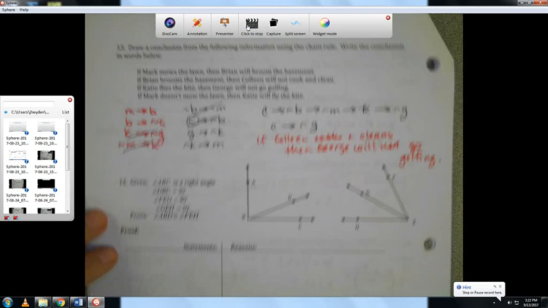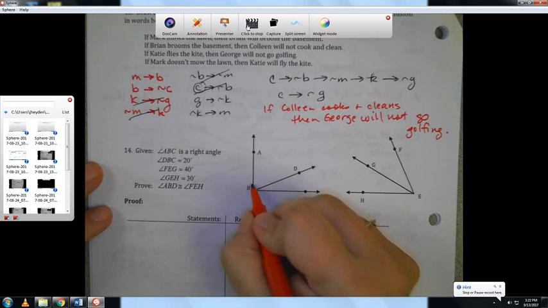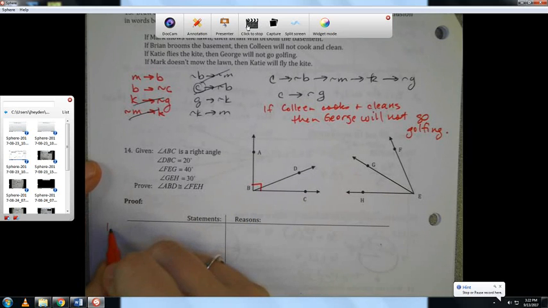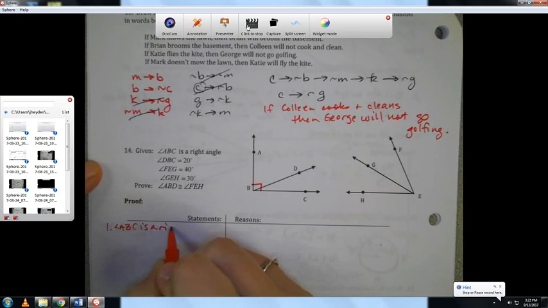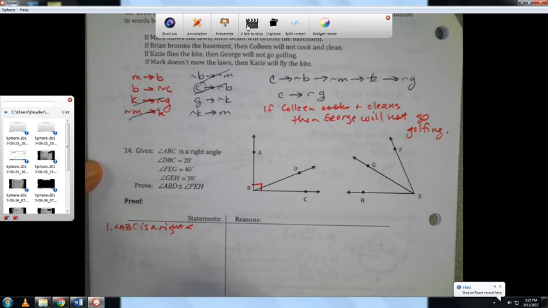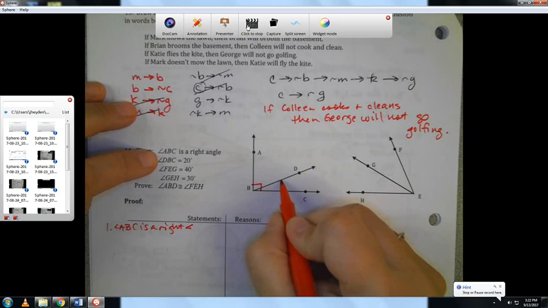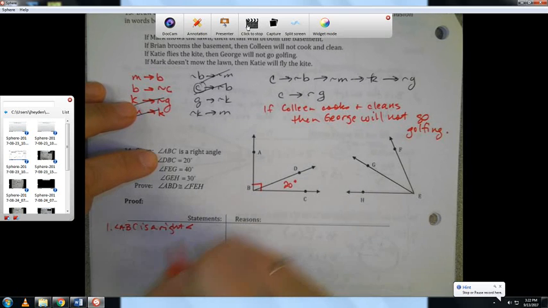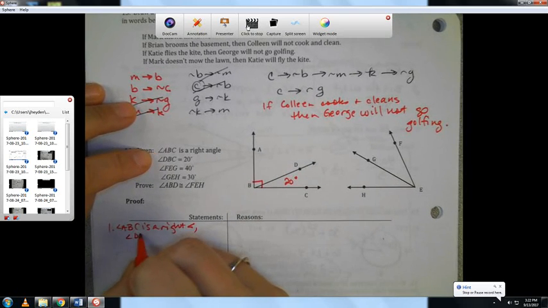Alright, 14. ABC is a right angle. I'll write that down. Angle ABC is a right angle. DBC is 20, so this is 20 degrees in here. FEG is 40.